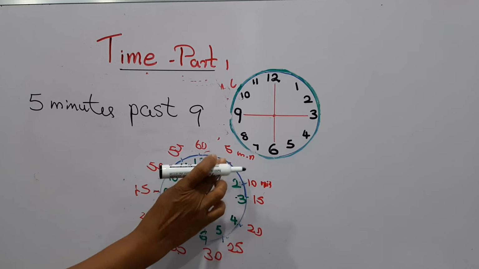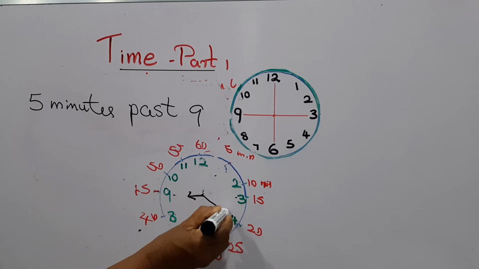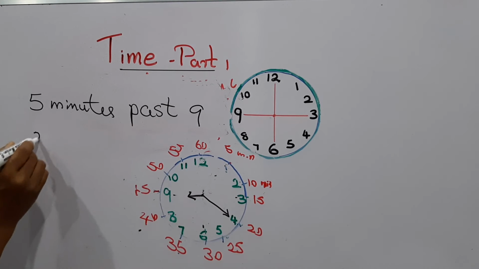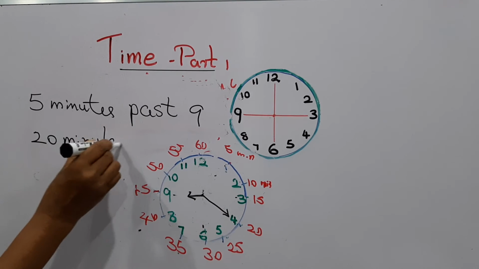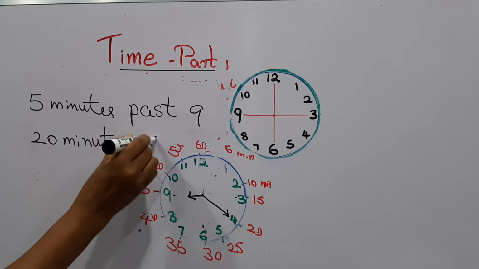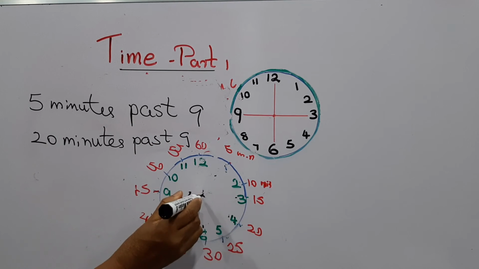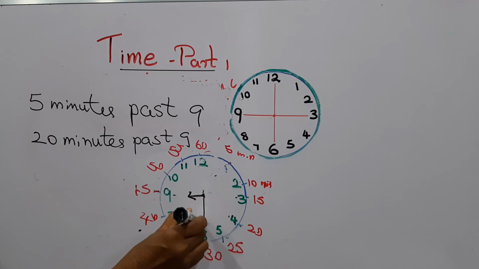Now we'll see the minute hand. It is pointing towards 4. Then how many minutes passed? 20 minutes past 9. Now we'll see. Now the minute hand is rotating. Now it is here.